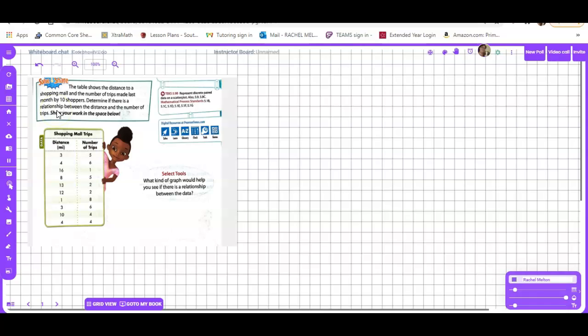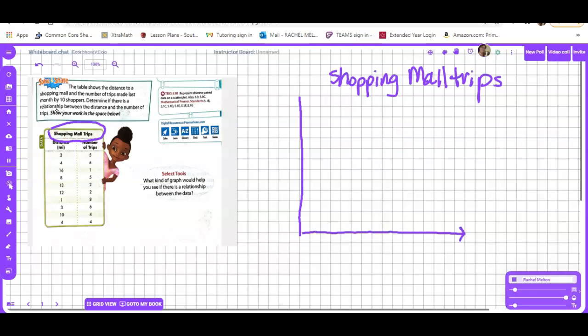Remember, I'm always looking first for my title. My title is Shopping Mall Trips. I want to draw my X and Y axis and label them.